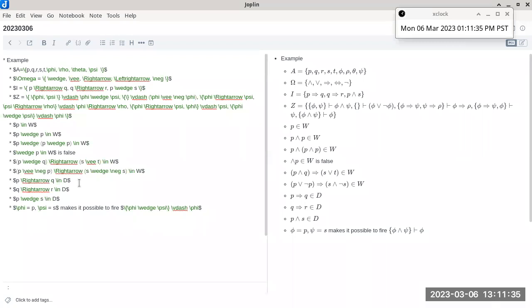So once we fire this rule, what do we do? Once this rule fires, then we know the result, which is P, is also in D. Is that making any sense?